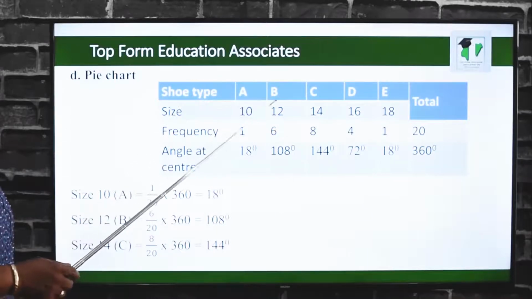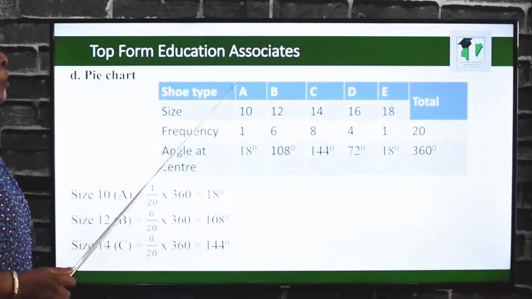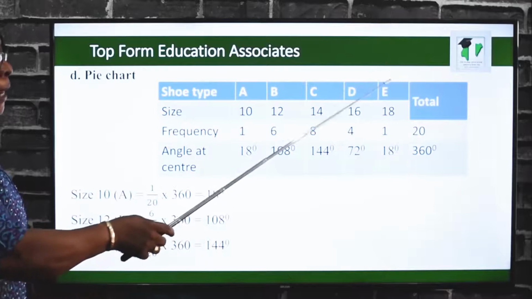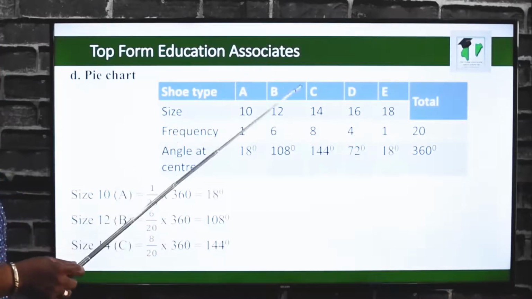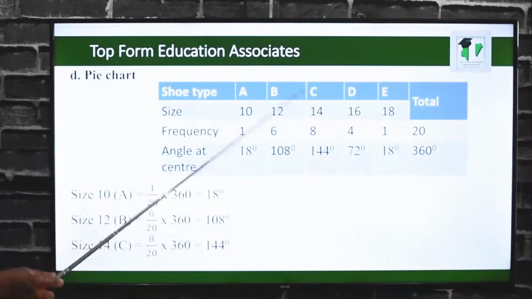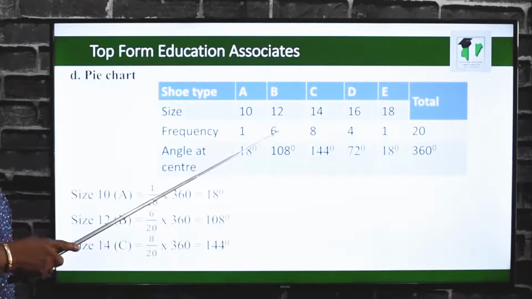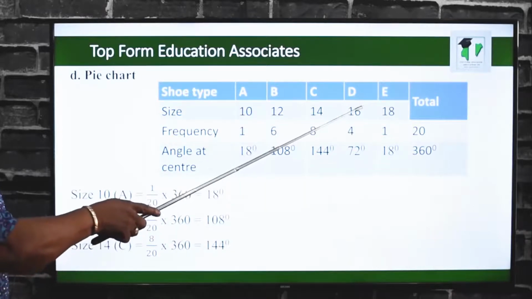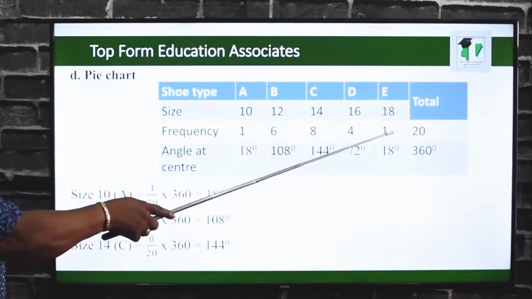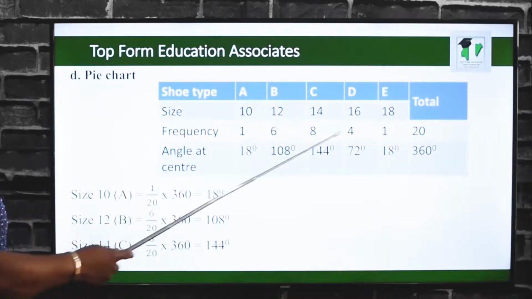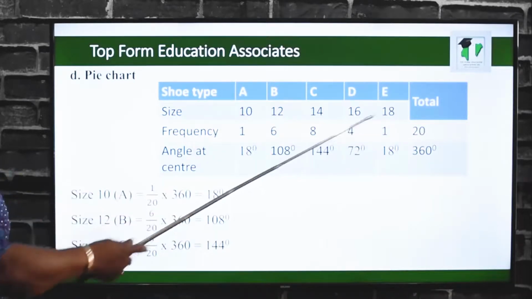But there are types that we labeled A, B, C, D, and E. They are not grades. They are types. So the frequency of size 10 is 1, 12 is 6, 14 is 8, 16 is 4, and 18 is 1. The sum of the frequency is 20.